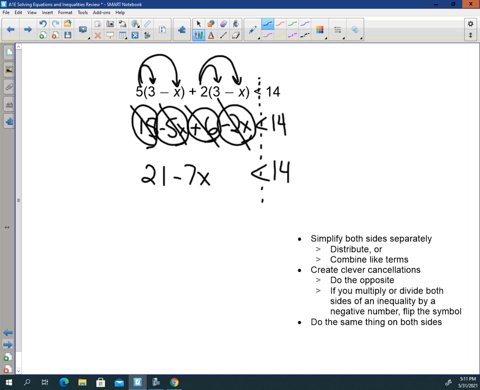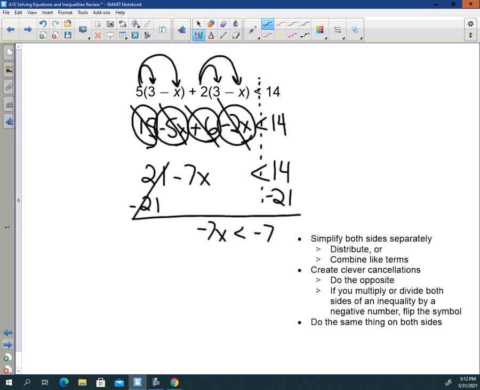And now I think I've finally simplified everything. So now I'm going to be creating clever cancellations. I think I'm going to get rid of that 21 first. These cancel. I have negative 7x is less than, 14 minus 21 is negative 7. And then I've got negative 7 times x is less than negative 7.